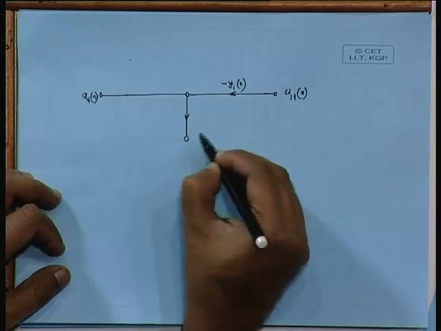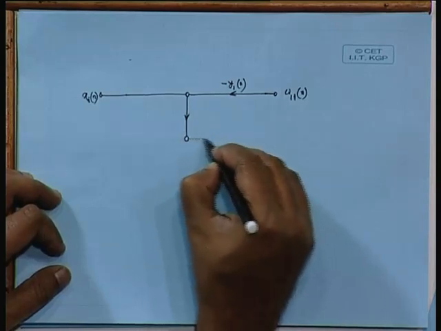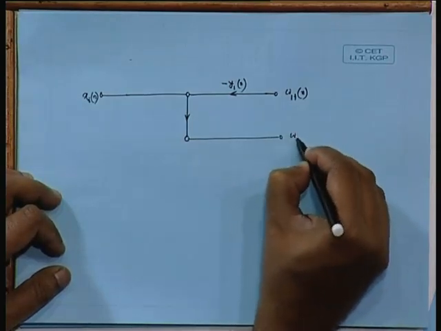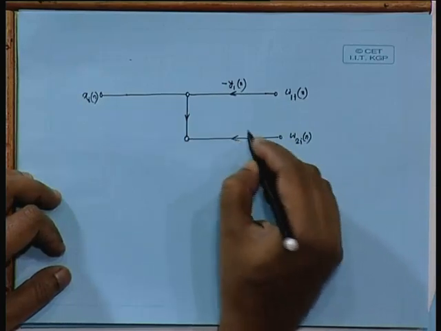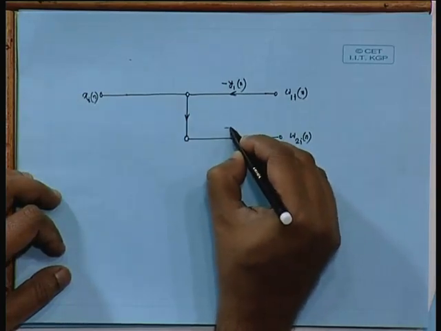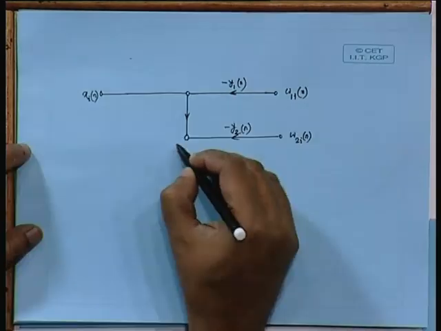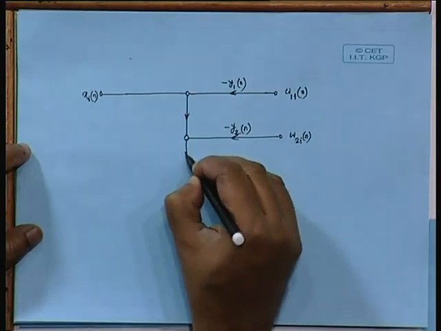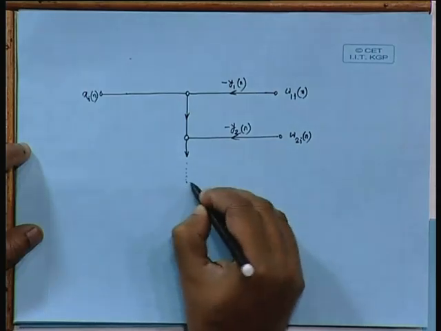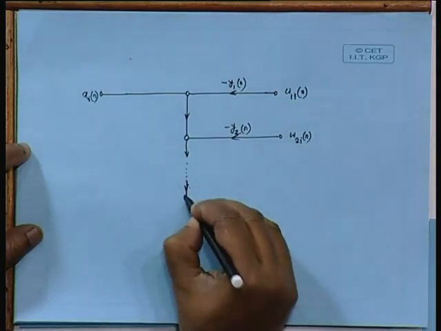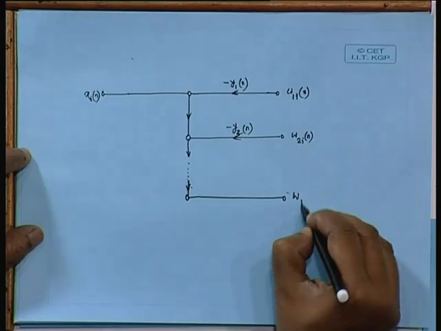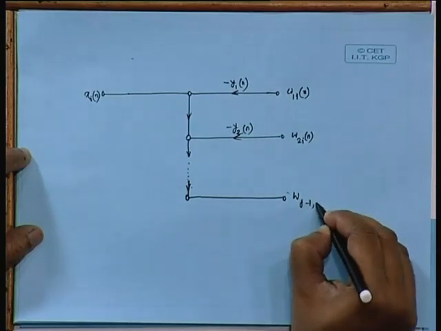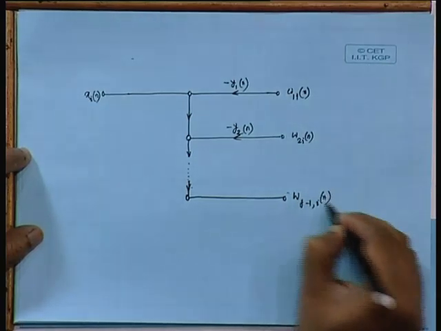From that we subtract w2i n multiplied by minus y2 n. For the other inputs it continues like this, up to w j minus 1 comma i n, multiplied by minus y j minus 1 n.